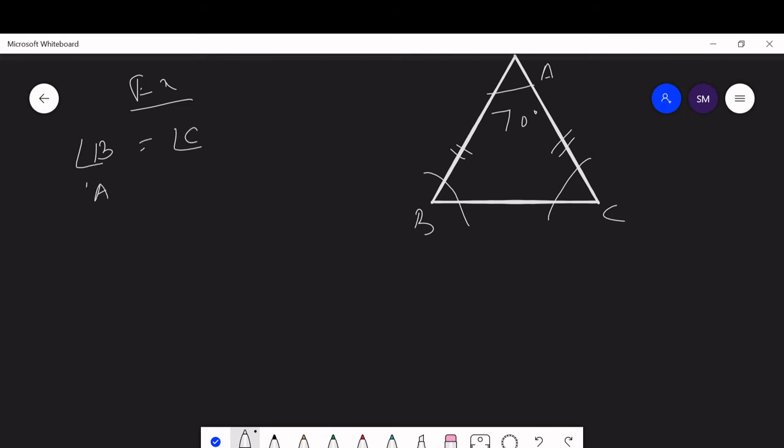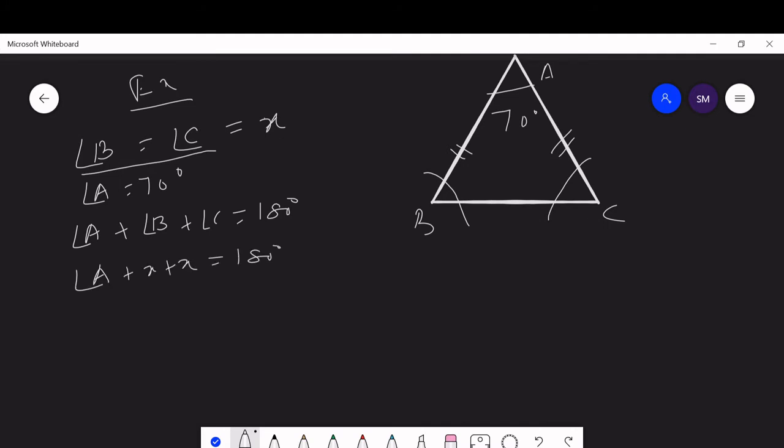Here angle A is given as 70 degrees. Then by the angle sum property, the sum of the three angles, angle A plus angle B plus angle C, is equal to 180 degrees, as angle B is equal to angle C by the isosceles property. Let this be measure x. Then angle A plus 2x is equal to 180 degrees. Angle A is given as 70 degrees, so 70 degrees plus 2x is equal to 180 degrees.